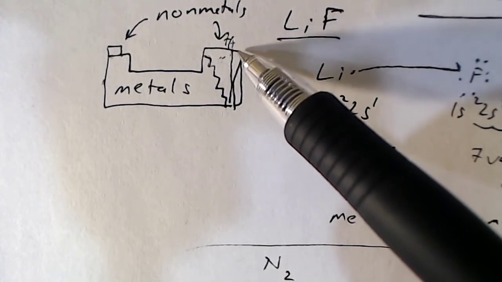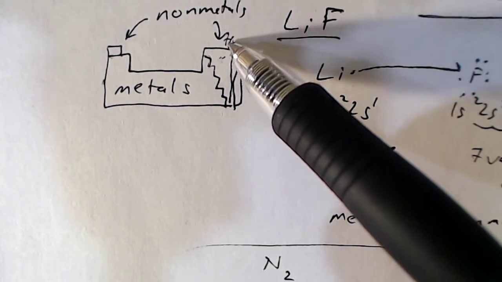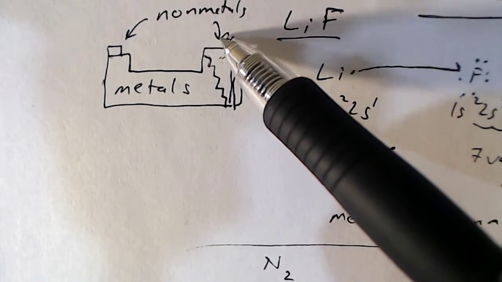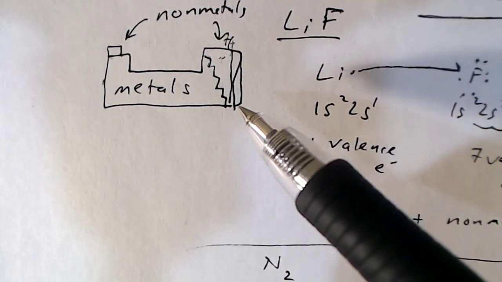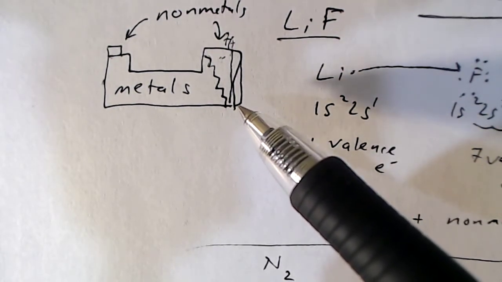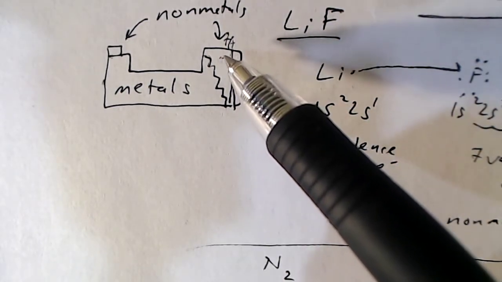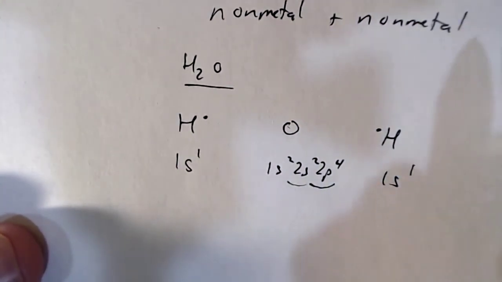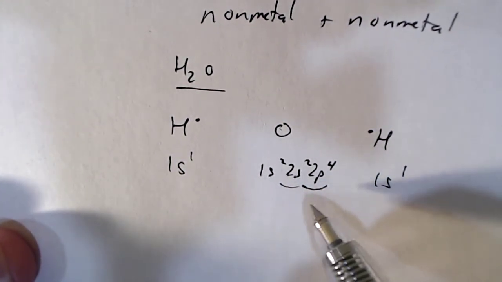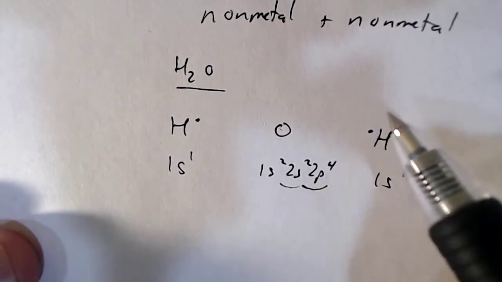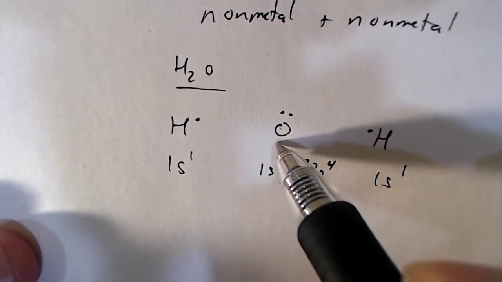So recall, it's 8A in the noble gases, then 7A to the left of it, then 6A, then 5A, then 4A. So you can know the number of valence electrons just by seeing what group an element is in. So oxygen's in group 6A, it has 6 valence electrons. You can do that quickly, or you can write out the electron configuration and see there are 6 valence electrons. So writing out 6 dots.